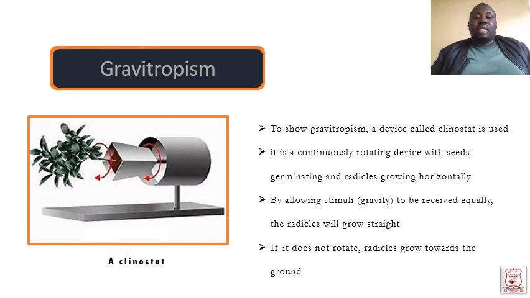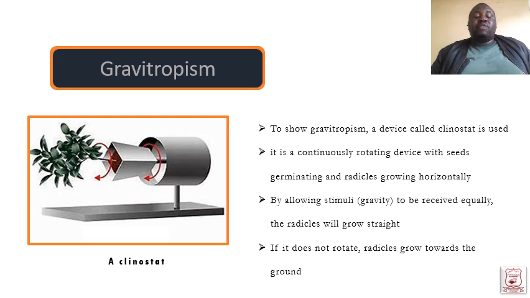Gravitropism can be shown in a laboratory using a device known as a clinostat. When it is rotating, the clinostat exposes the plant parts to equal amounts of gravity, and in time we are going to see that the shoot will grow horizontally.